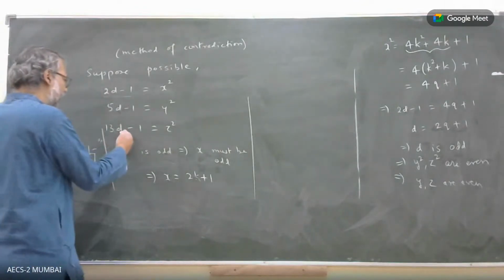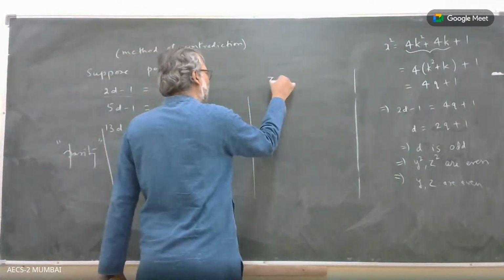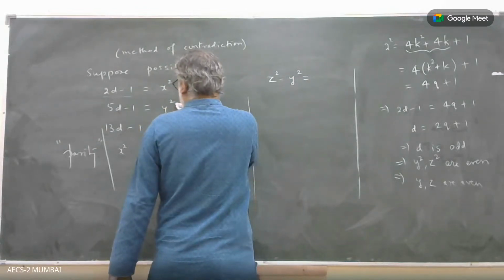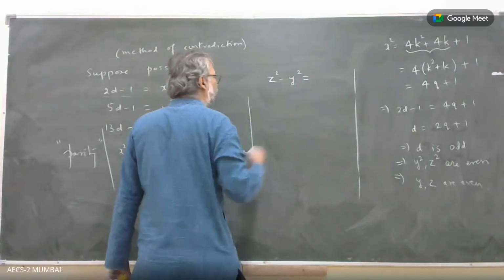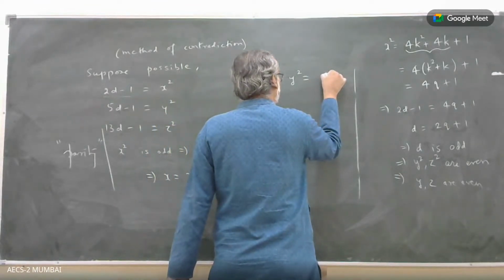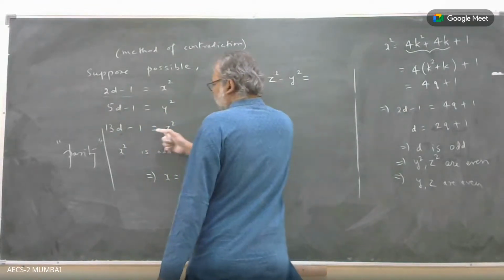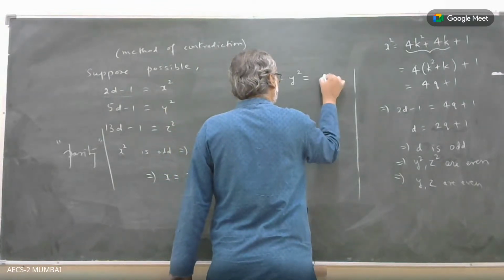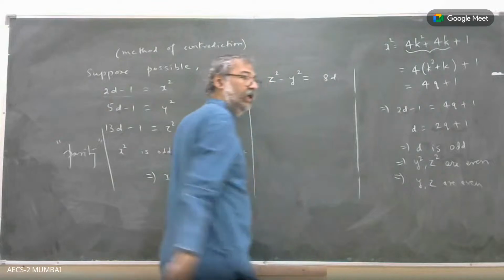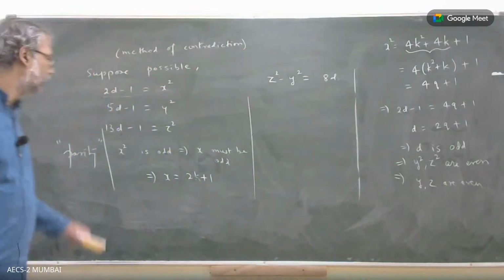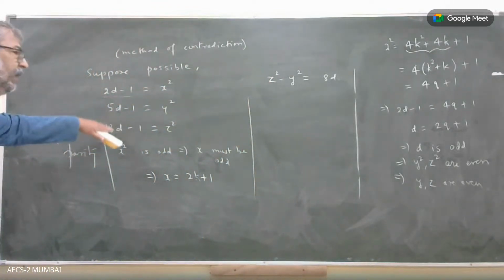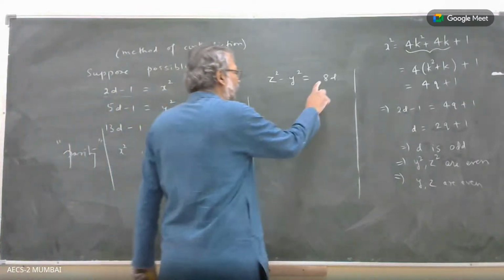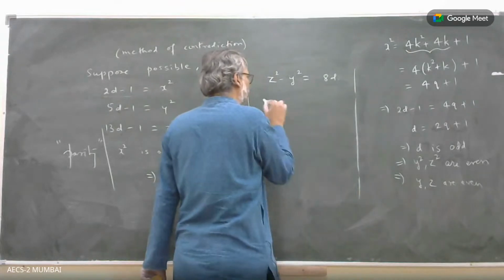Now it's subtract. So what is z square minus y square? This minus this, 8d. Right? z square minus y square is 8d. So one cancels. What is this number? It is even, right?